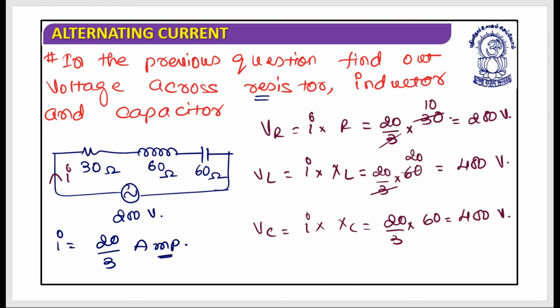So from this you might get an idea that this VR is exactly equal to 200 volt, because this VL and this VC are going to be cancelled out. How? Let's have a look. If you plot the phasor diagram of the same, this will be the VR, this will be the VL, this will be the VC.